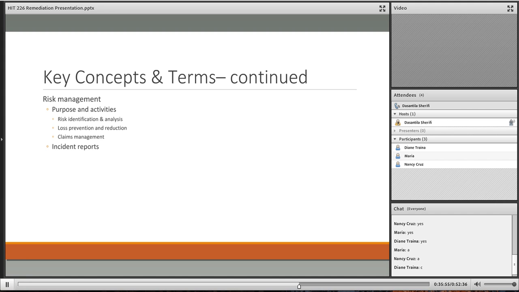The third important function is risk management. And there is a certain reason why this activity is important. Every facility, every organization has a certain level of risk, whether that's associated with its location, or the population, or maybe the geographical location of the place.